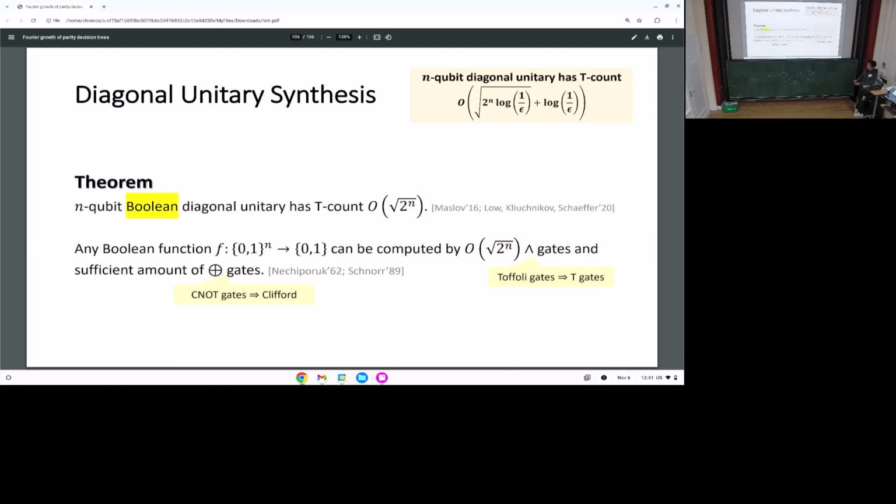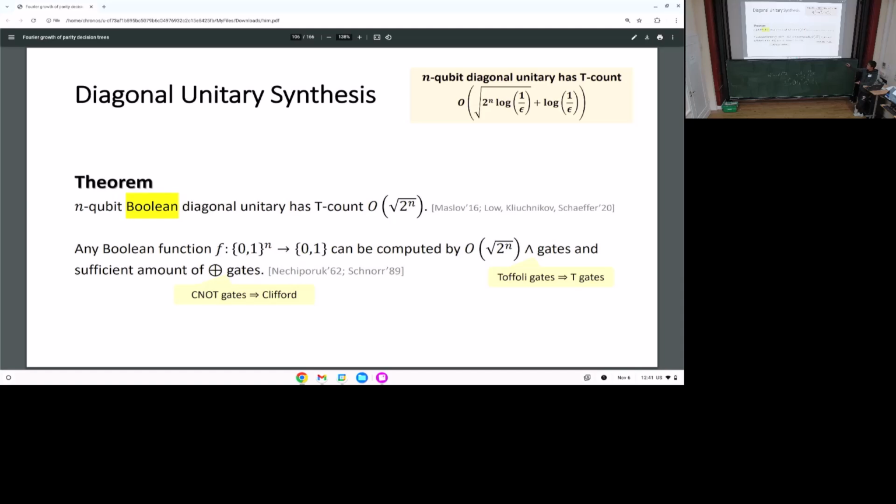Is this like NC1 or AC? It's a constant fan-in circuit, so every gate has 2 inputs. Yes. So the AND gate corresponds to Toffoli gates in quantum computing, which can be constructed using T gates. And parity gates are CNOT gates, which are Clifford, so we don't care. So this gives the square root of 2 to the n.